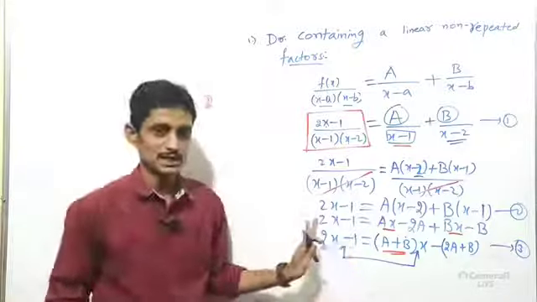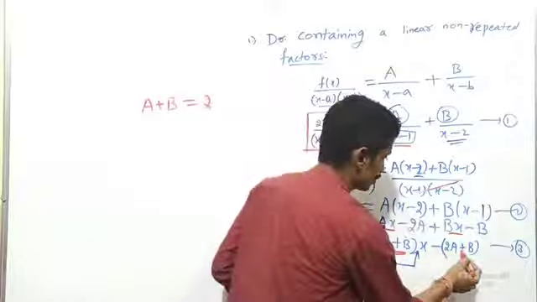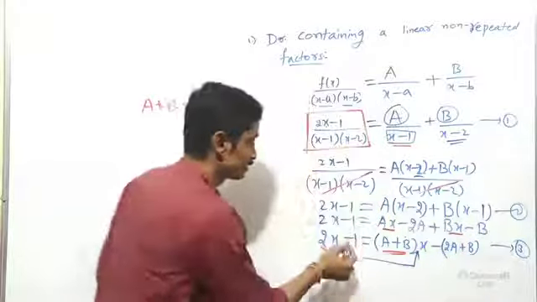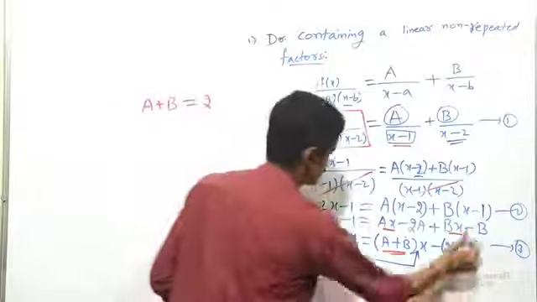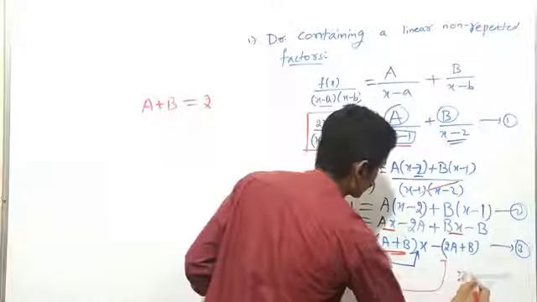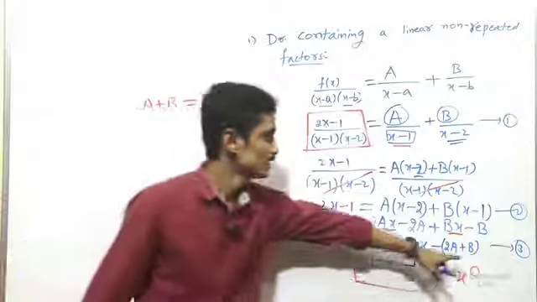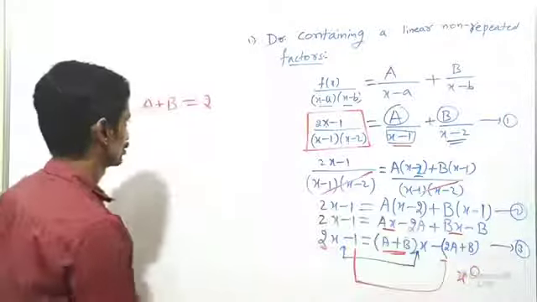Then one term will be the same. After that, here some constant is there: minus of 2a plus b is equal to minus 1. These constants must be the same. Constants are nothing but the coefficients of x power 0.